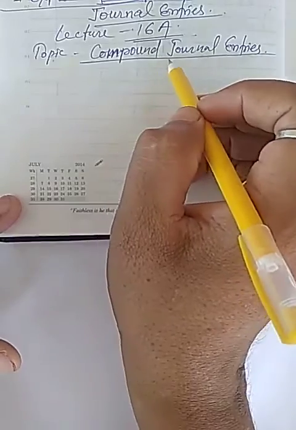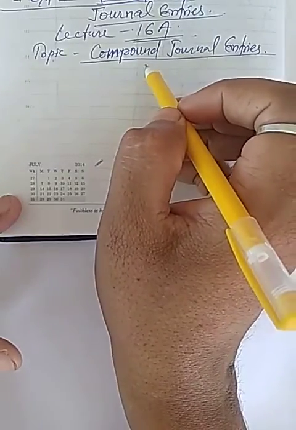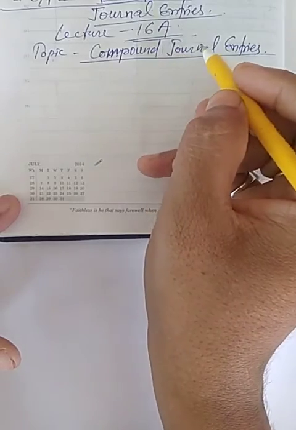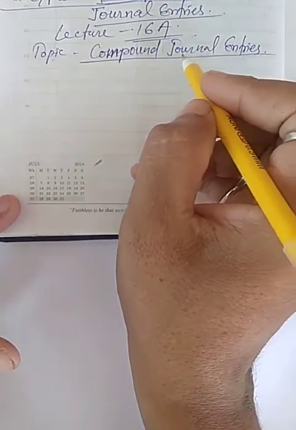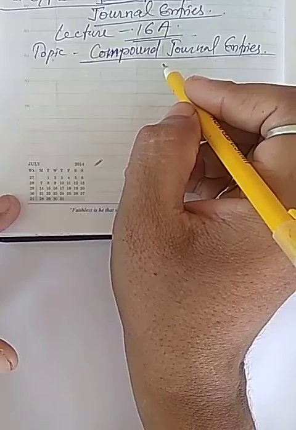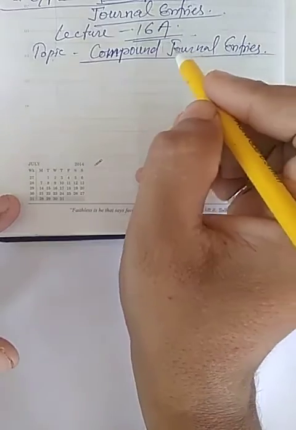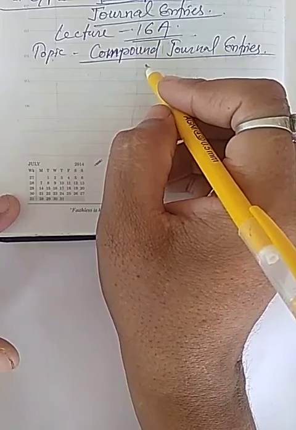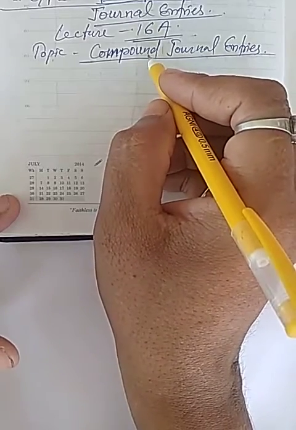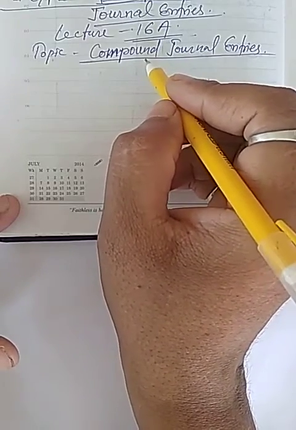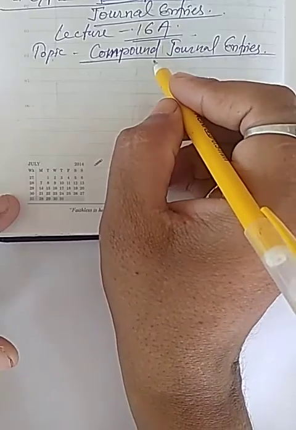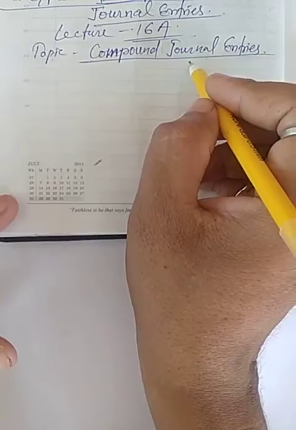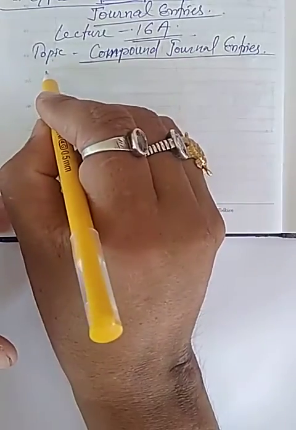In such cases, instead of passing separate entries for all such transactions, only one entry is passed. Such a journal entry is termed compound journal entry.